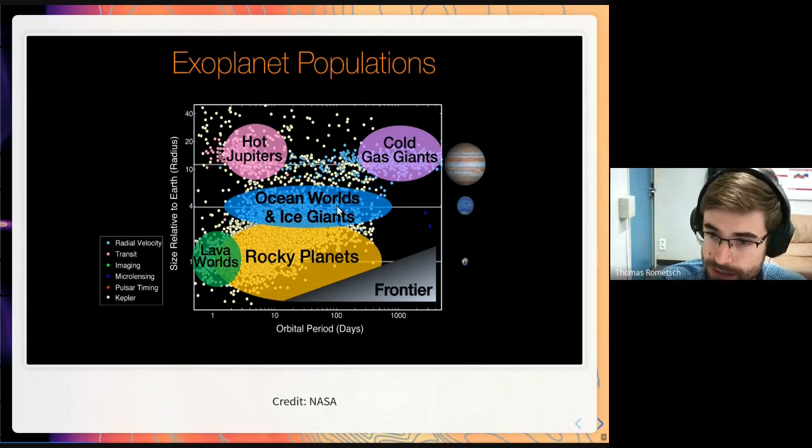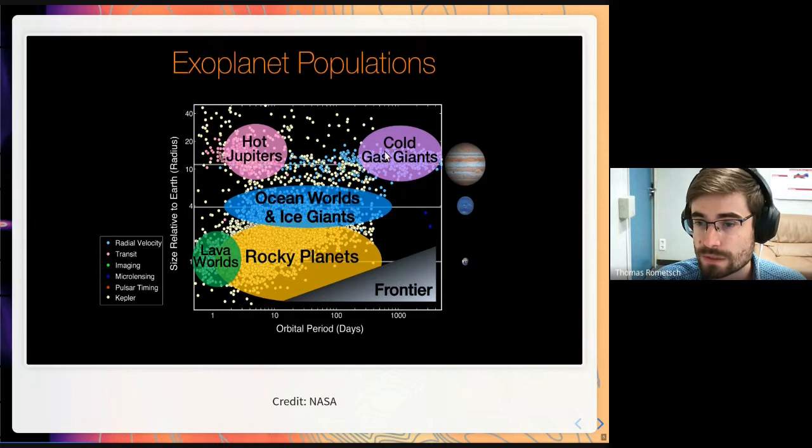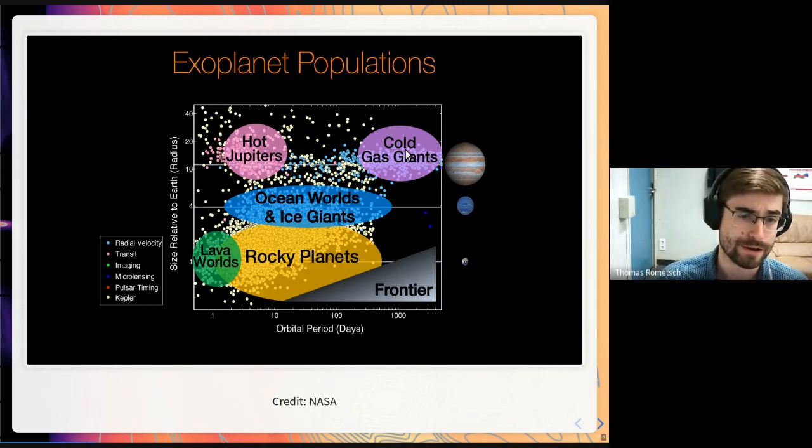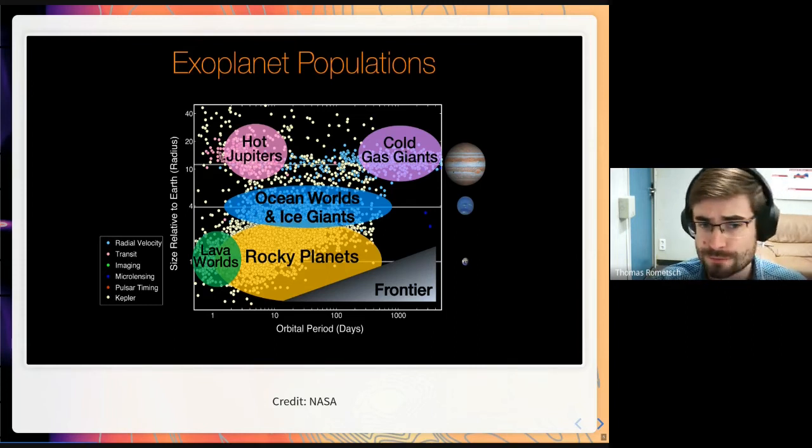That's more or less the ocean worlds or rocky planet regime. Today we'll deal with planets up here in the cold gas giant regime. So, big planets relatively far away from the star, and relatively far away means 5 to several tens or 100 AU.